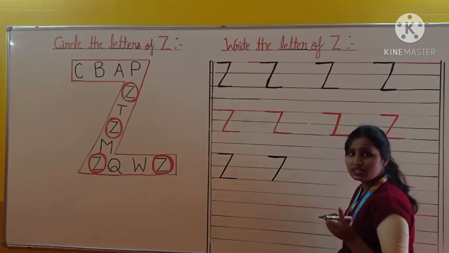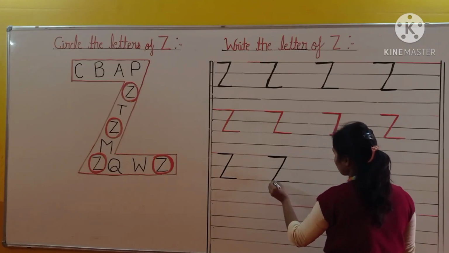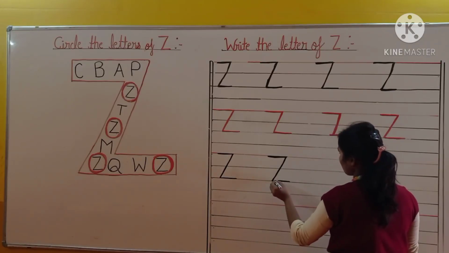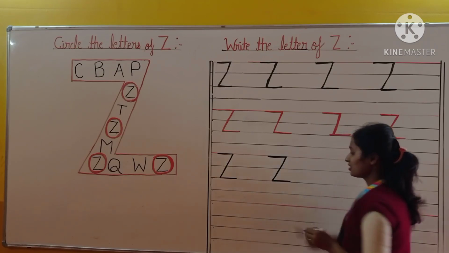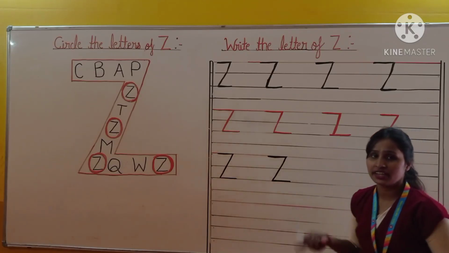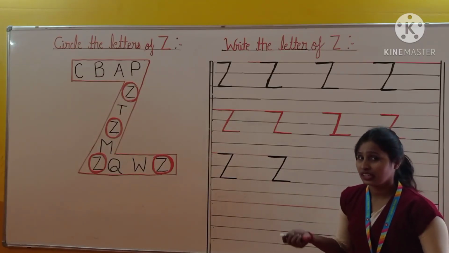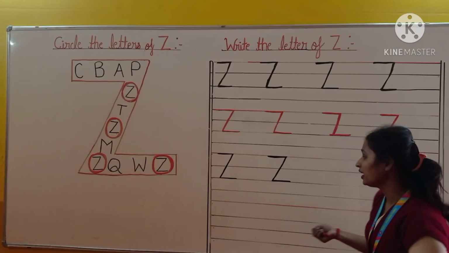After that, another sleeping line. Yes, this is a capital letter Z. Z is for zebra. Z is for jeep. Z is for zero.